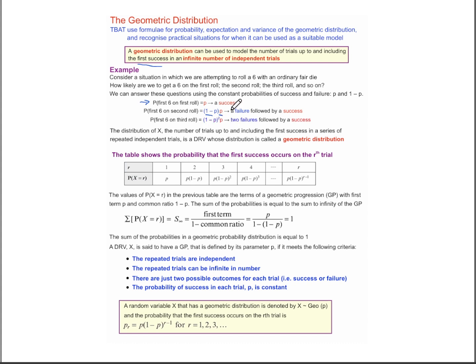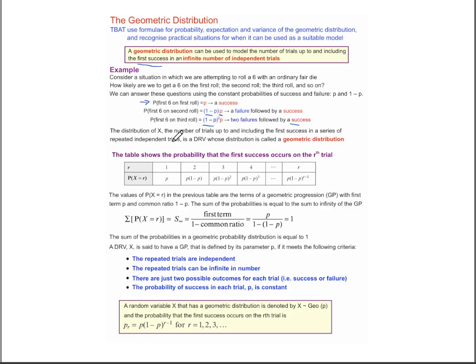And so you'll have 5 over 6 times 1 over 6. If you want your first 6, your first success, to be on the third roll, that means you want your first 2 to be a failure. So 5 over 6 times 5 over 6, which is just 5 over 6 squared, then multiplied by the probability of the success, which is 1 over 6.